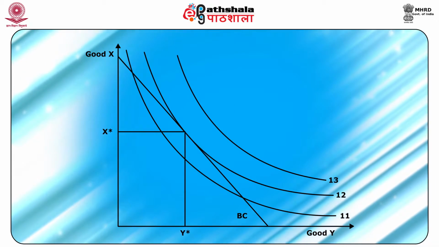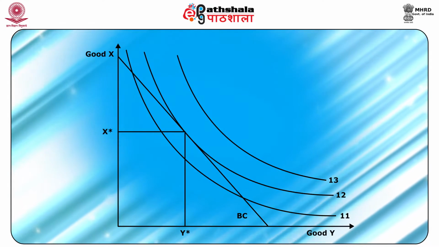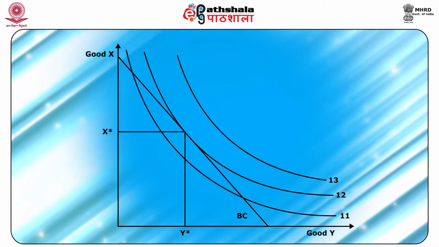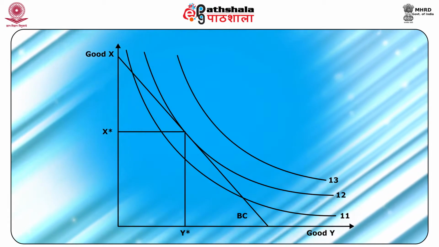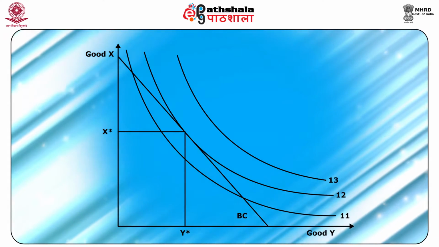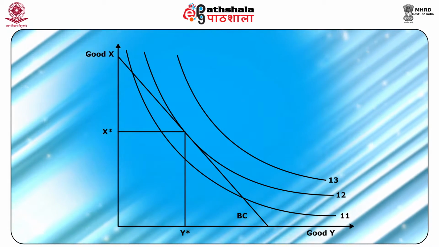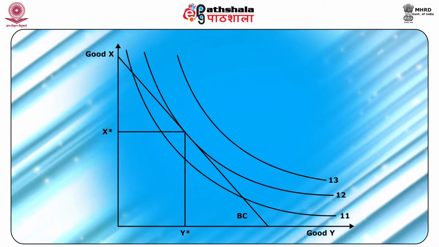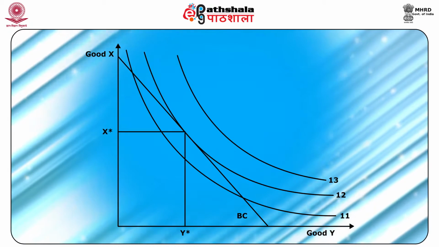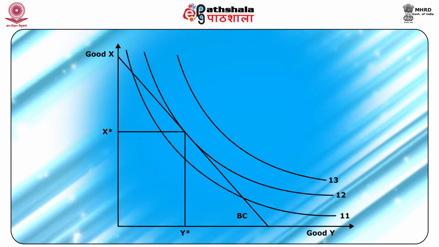Under consumer equilibrium, the slope of the budget constraint BC is Px by Py, and the slope of indifference curve number 2, I2, is MUx upon MUy, which is the marginal rate of substitution. The points that lie along I1 are inferior to I2. The points that lie along I3 are superior to I2 but are out of bounds for the consumer since they lie beyond the budget constraint.